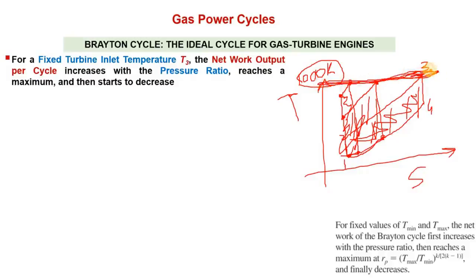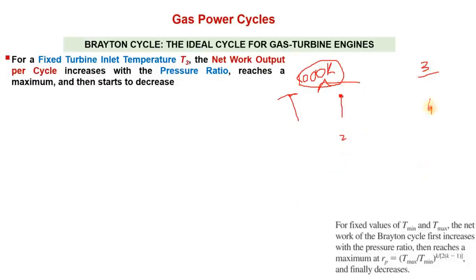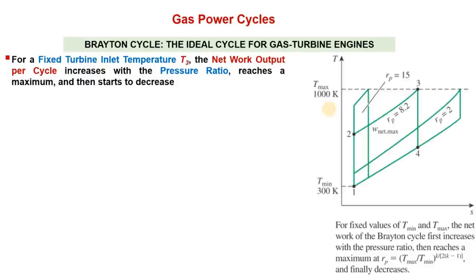So that is what I'm trying to explain, the meaning of this sentence. This diagram is also shown separately. So here you see the same diagram which I drew roughly.